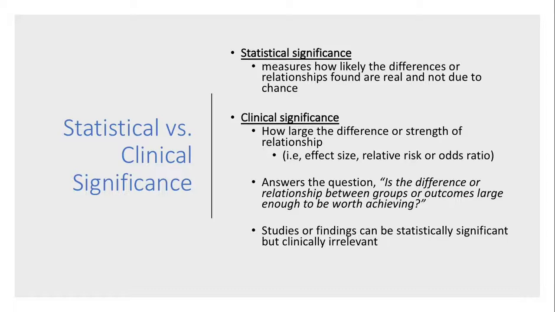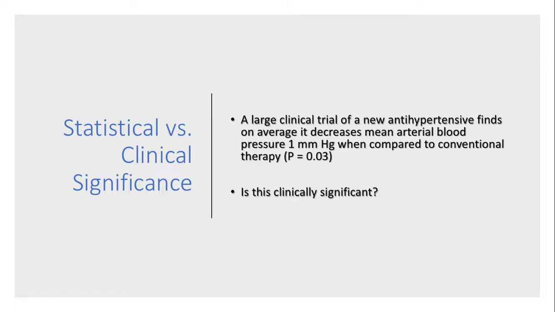As I said, studies or findings can be statistically significant but clinically irrelevant. So here's an example. A large clinical trial of a new antihypertensive agent finds that on average it decreases mean arterial blood pressure by 1 millimeter when compared to conventional therapy, and the p-value was 0.03.